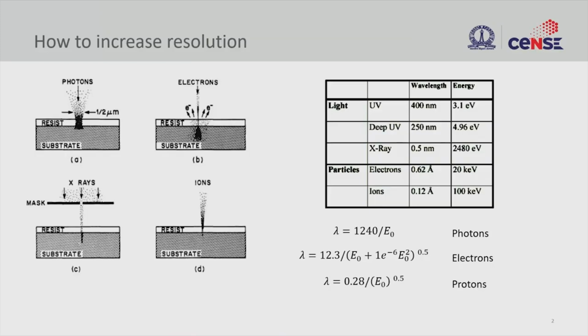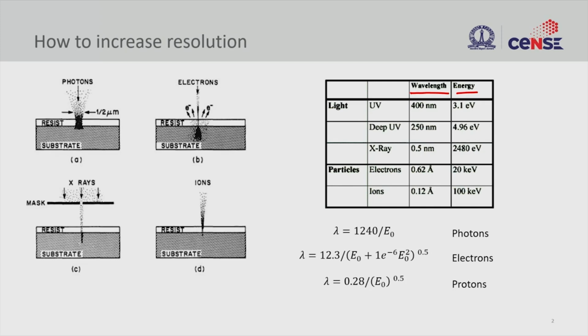So the whole idea of moving towards electron beam lithography, or looking at an alternate form of patterning than light, is resolution. Here in the table and also in the picture, you can see there is wavelength and then there is associated energy. So the wavelength strongly depends on the energy of the fundamental particle we are trying to use.